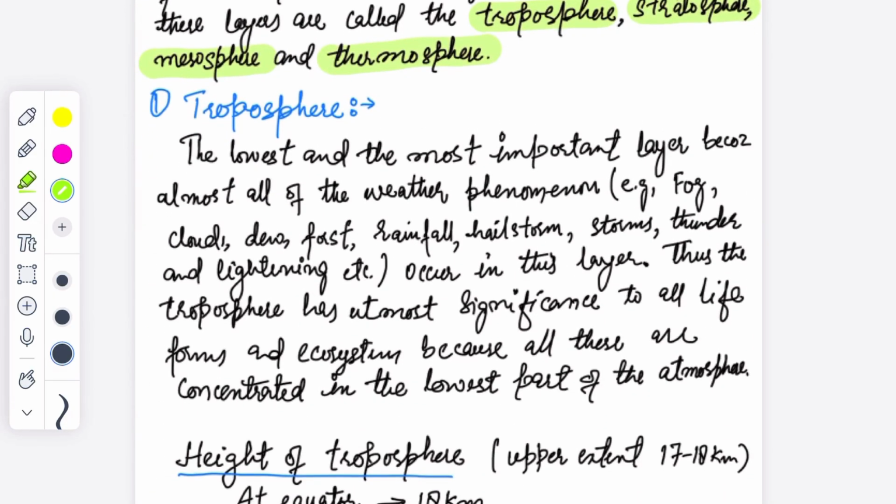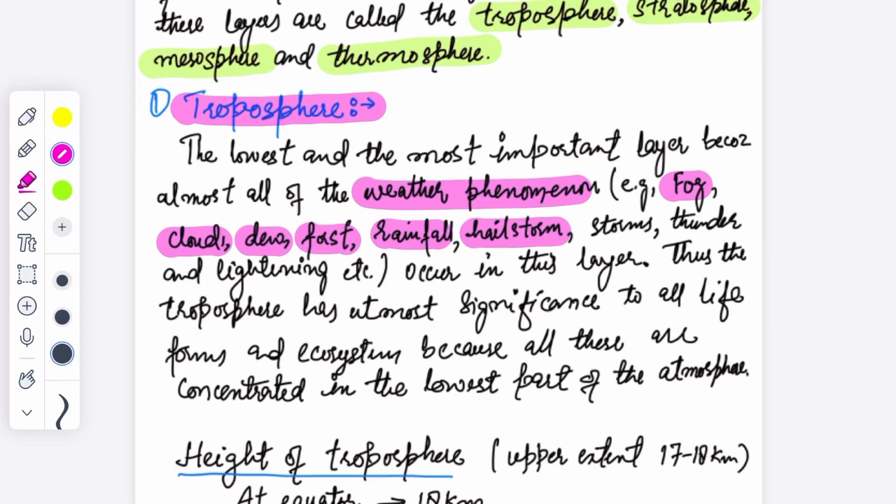So starting with the very first, that is the troposphere, the lowest and the most important layer, because almost all the weather phenomena, that is the fog, clouds, dew, frost, rainfall, hailstorms, storms, thunderstorms, and lightnings occur in this layer.